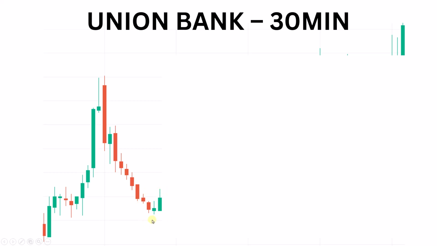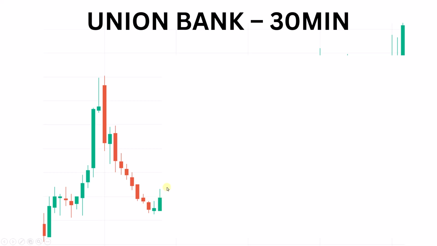Now this becomes powerful because it has appeared at a support level. So this is fine. Now you can take your entry at the closing of this green candle, or you can wait for a price confirmation, which is waiting for a green candle to close above the close of this.